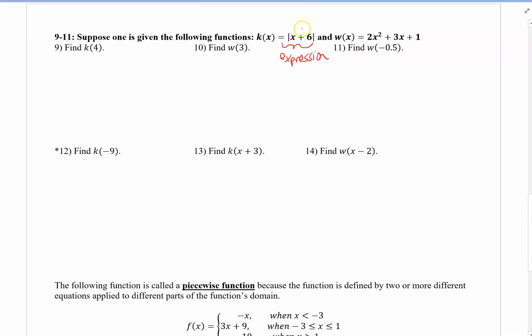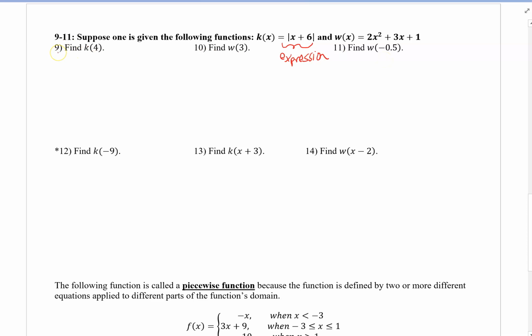This is an absolute value expression, and this is what we call a quadratic expression because the x is being squared. And these expressions are basically like rules. They're telling you what to do with the x once you get it in order to find y. So this is a very common thing you'll see and be asked to do is find different outputs given different x values. And so this is what that looks like when we're asking you to do that.